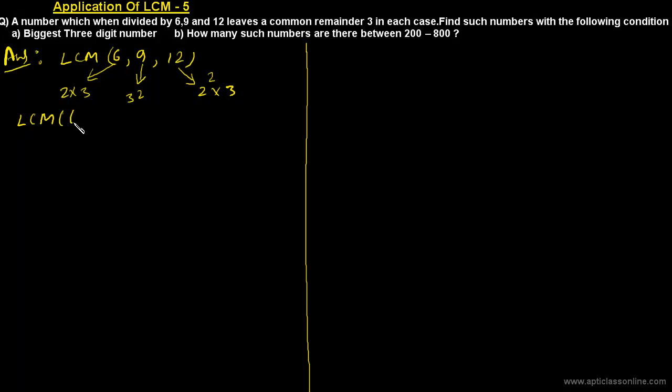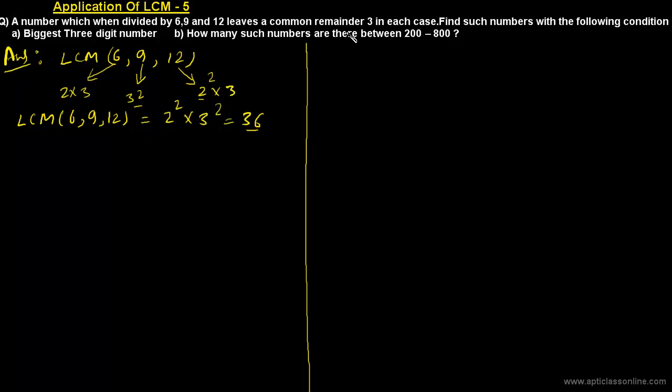So the LCM of 6, 9, and 12 is 2 square into 3 square, that is 36. So 36 is a number which is completely divisible by 6, 9, and 12.